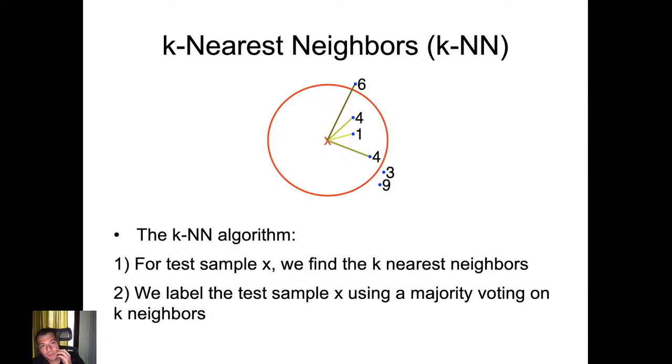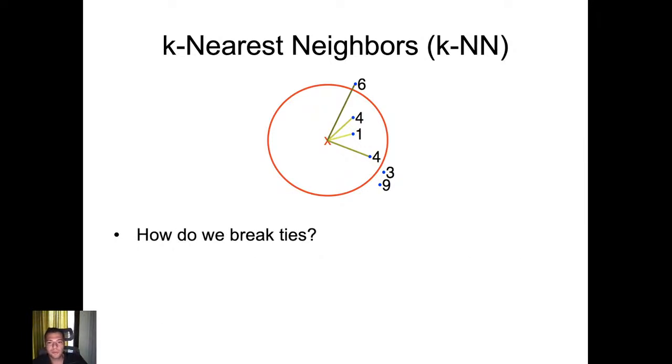The problem with majority voting is that in some cases you can have ties. So for example, if we have a three nearest neighbor model, so we consider the three closest neighbors, and each of these neighbors has a different label, then we cannot select a majority vote.